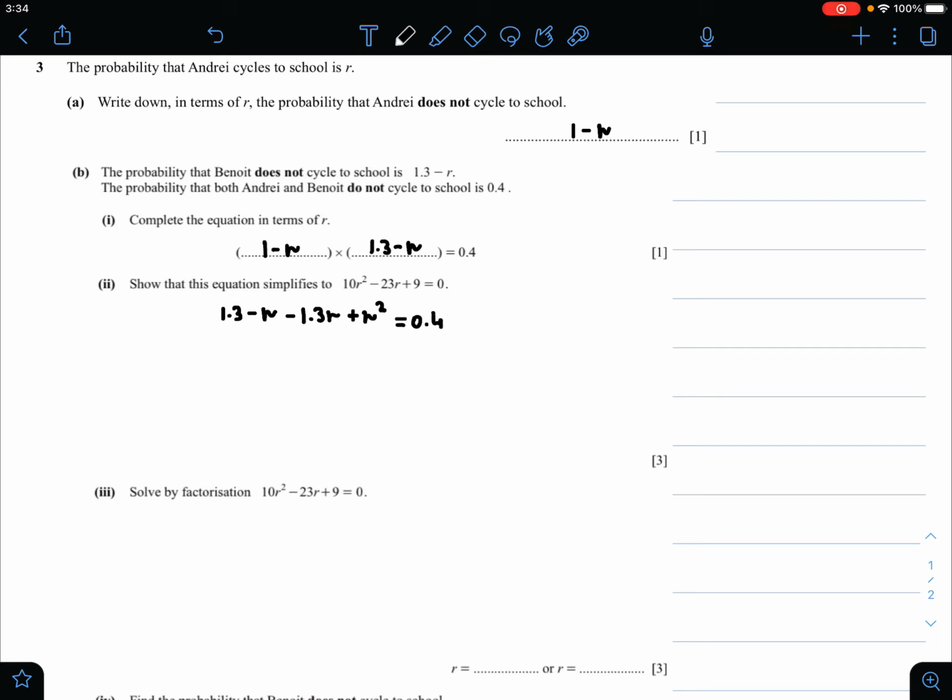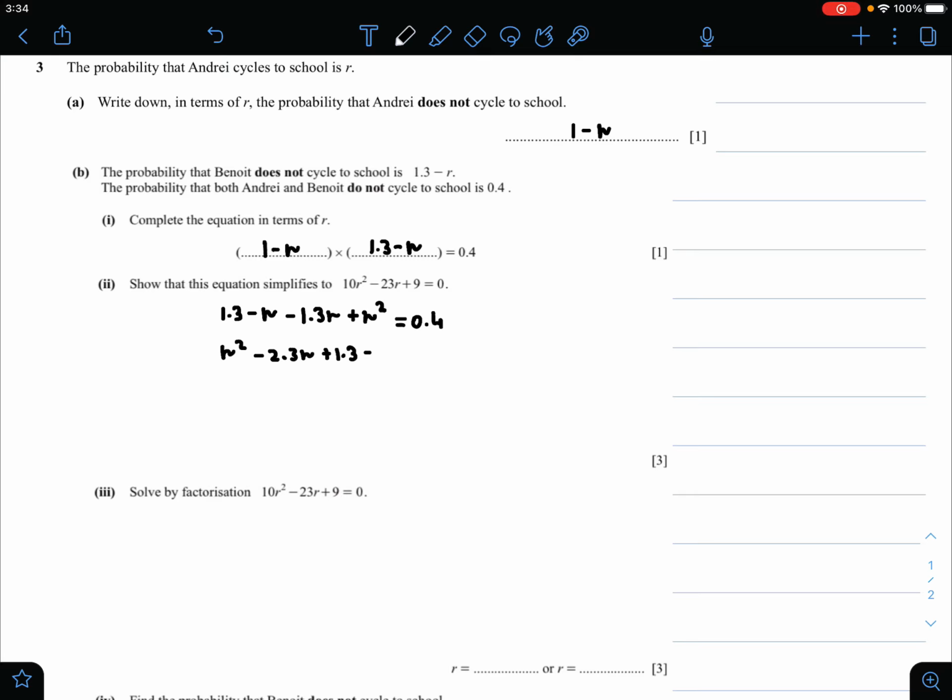So let's simplify this first. So therefore R square minus 2.3 R, because minus 1 minus 1.3 is negative 2.3. So negative 2.3 R plus 1.3, and we can get the 0.4 to the other side of the equation.